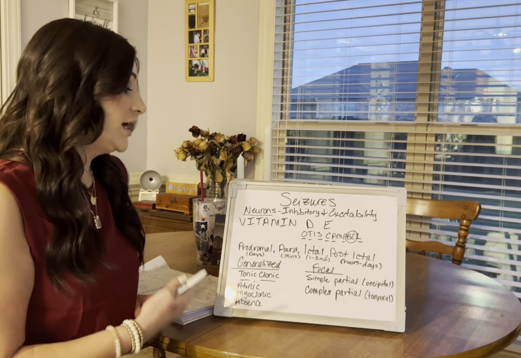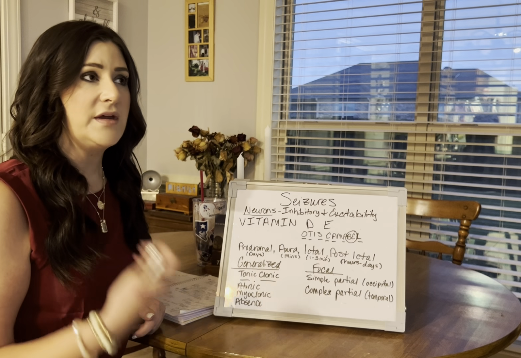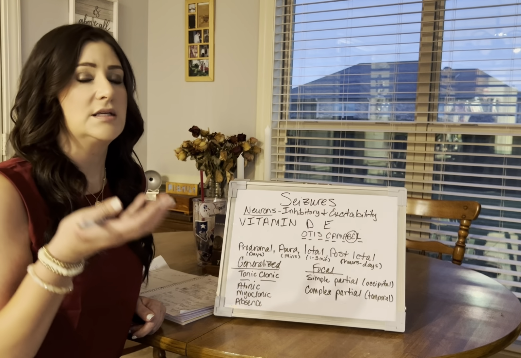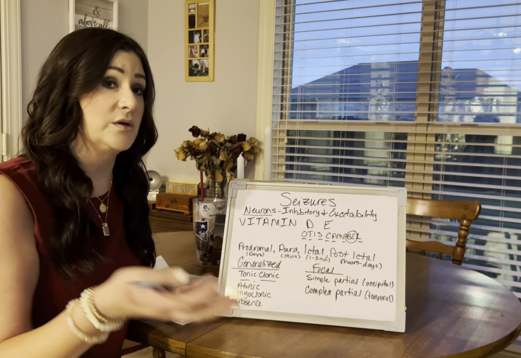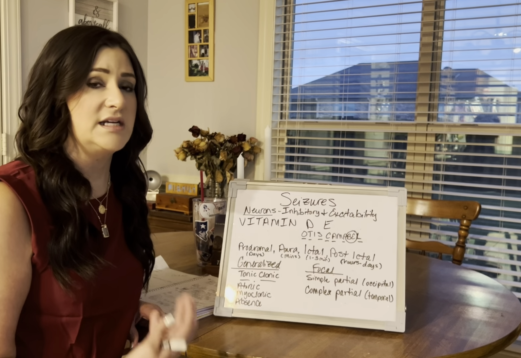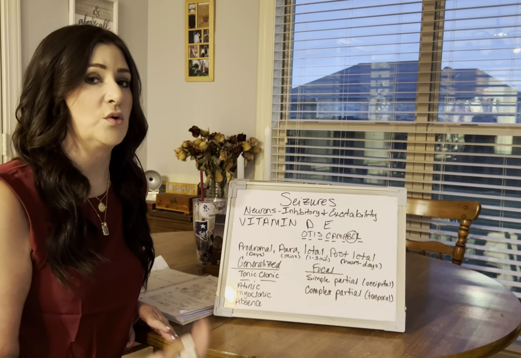So the underlying causes in adults, I want you to think back to when you learned about reversible causes that cause cardiac arrest, the H's and the T's, if you will. It's kind of the same concept when we think about seizures that take place in adults. There are many reversible causes.